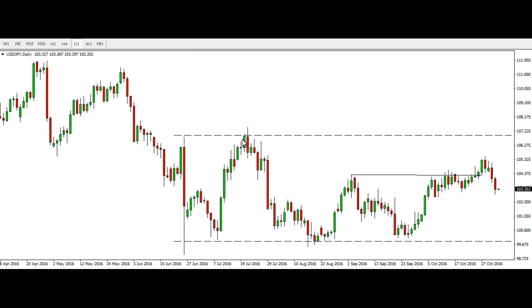Some of you may not like this trade, a one-to-one risk reward ratio, and that's perfectly fine. If you don't like to take trades like that, you don't have to. But for those of you that do want to take on such trades, this would have been a perfectly fine trade.